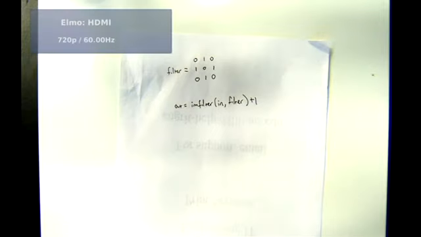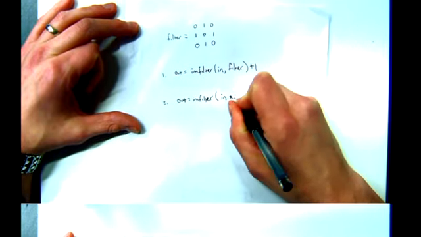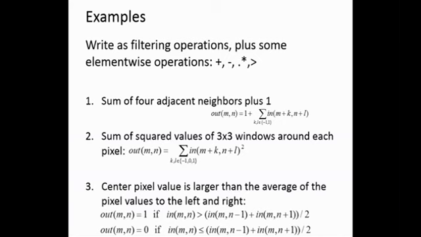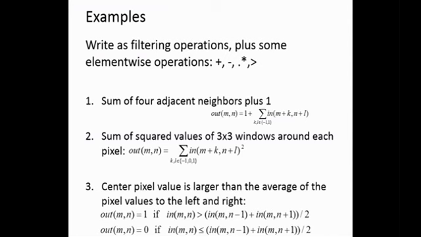So it would be, for number 2, out equals imfilter, in .* in, ones(3,3). So this will be the sum of squared values in a 3 by 3 neighborhood around each pixel. Ones(3,3) creates a 3 by 3 matrix of ones.